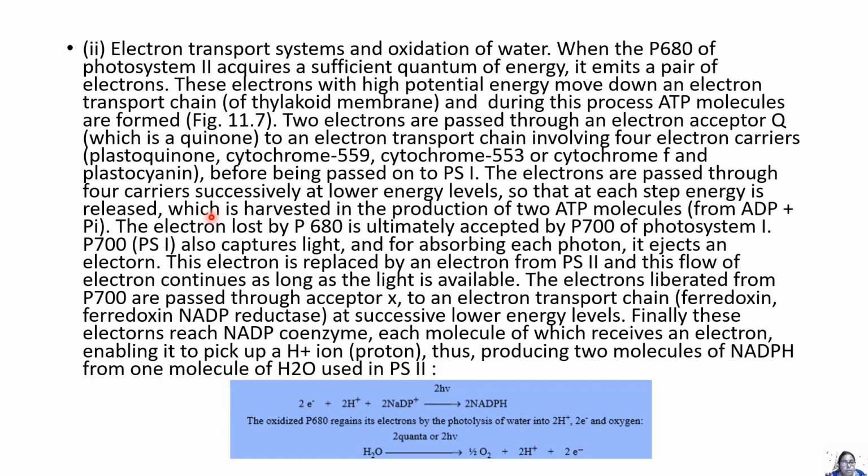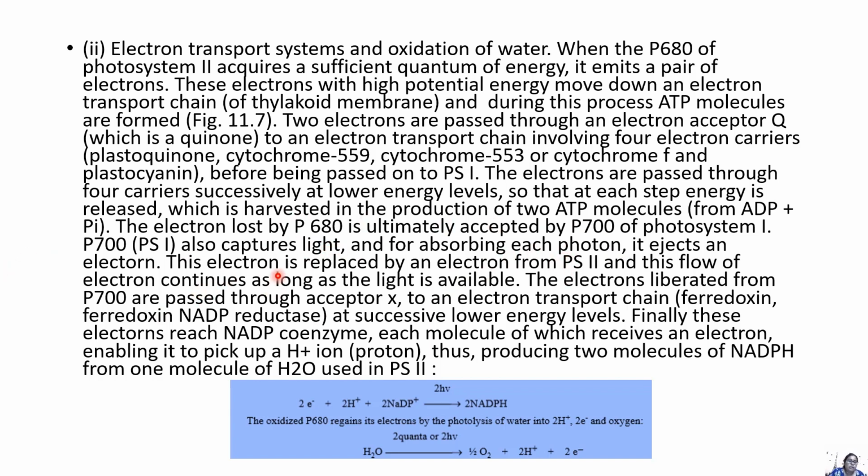So two electrons are passed to an electron transport acceptor Q, which is a quinone, with an electron transport chain involving 4 electron carriers plus 2 quinone before being passed on to PS1. So the electrons are passed through 4 carriers successively at lower energy levels so that at each step energy is released, which is harvested in the production of 2 ATP molecules. So the electron lost by P680 is ultimately accepted by P700 of photosystem 1, which also captures light, and for absorbing each photon it ejects an electron.